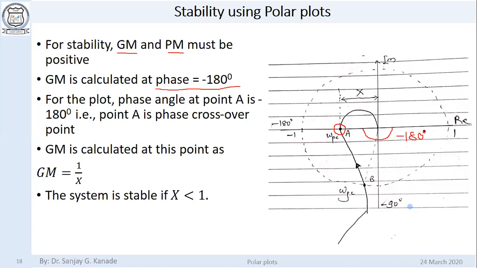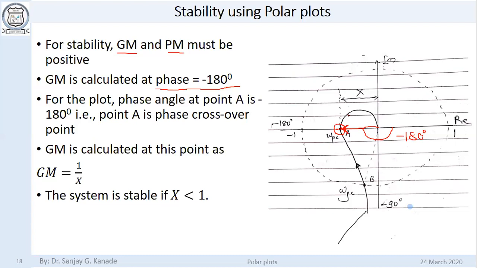At -180 degree phase angle, what is the magnitude? The magnitude is x. How do we calculate x? It is the value of this vector. If you draw a vector, the length of that vector is the magnitude, as we saw in the very beginning in the diagram.